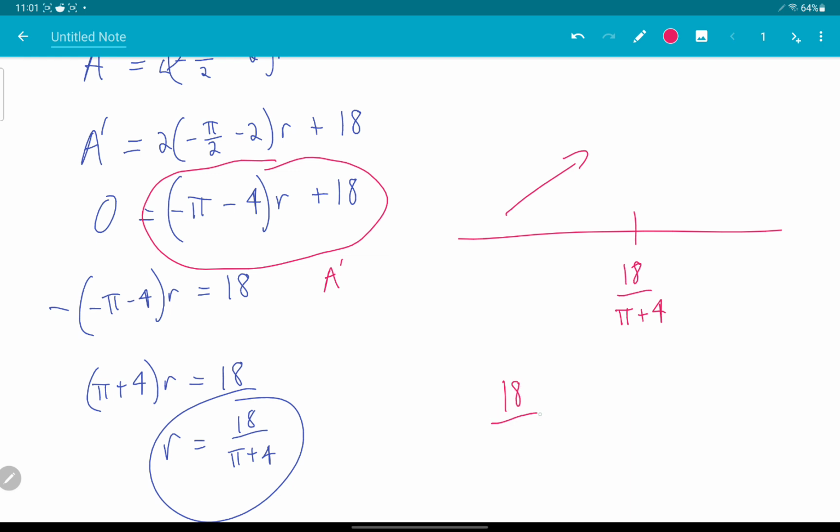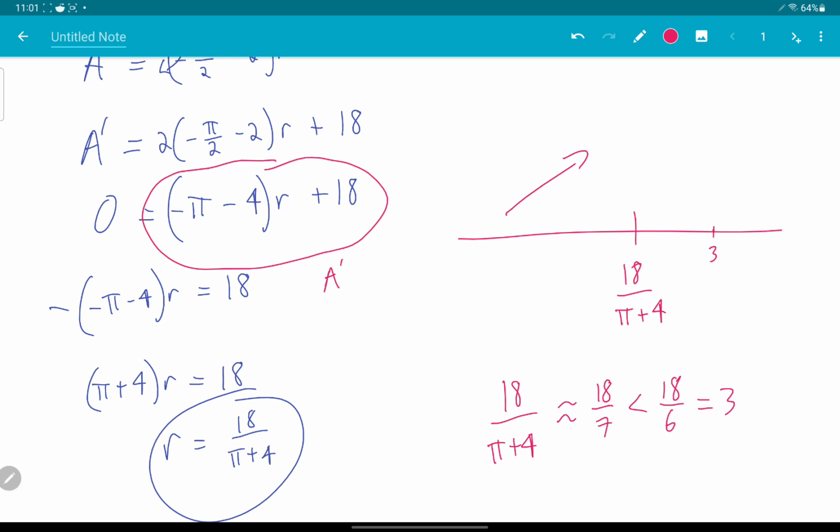Now if you pick, what is this? 18 over pi plus 4. What is this roughly? This is roughly 18 over 7. Whatever that is, certainly smaller than 18 over 6, right? So I can choose the number 3. So I can be sure that 3 is over here.